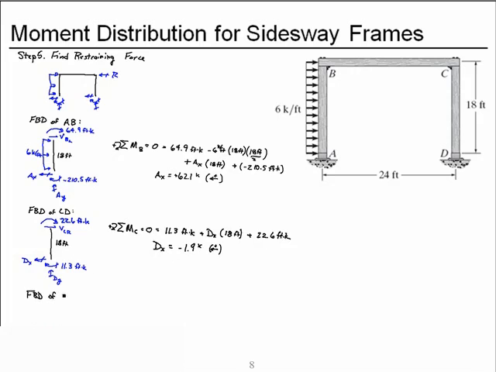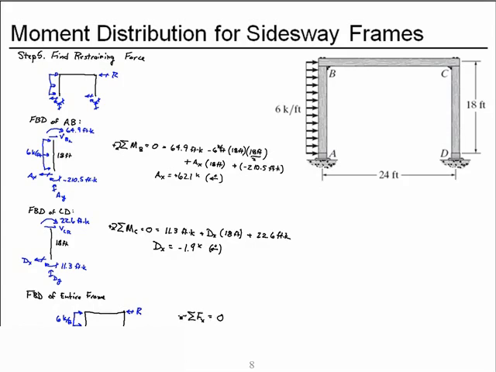And so now, free body diagram of the entire frame. But to keep our diagram from getting too cluttered, I'm going to draw only the horizontal forces, since that's the equilibrium we need to apply in order to find our restraining force R. So I sum forces in the horizontal direction.